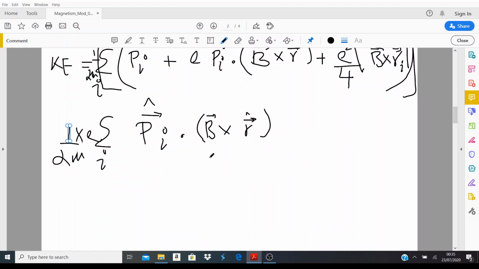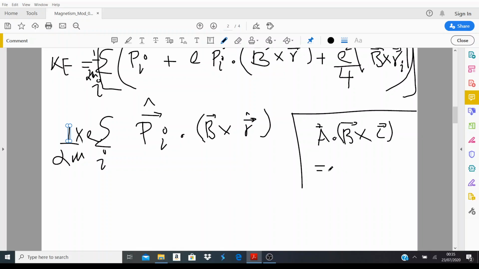Now this is a cross of two vectors and a dot with another vector. There is a standard identity in vector calculus: for any three vectors A, B and C, this relation holds. A dot B cross C, where A, B, C are just ordinary vectors, is nothing but B dot C cross A. That's the standard vector identity.